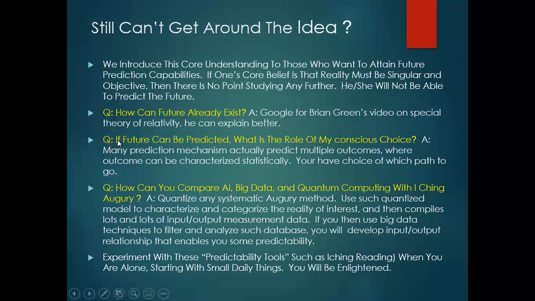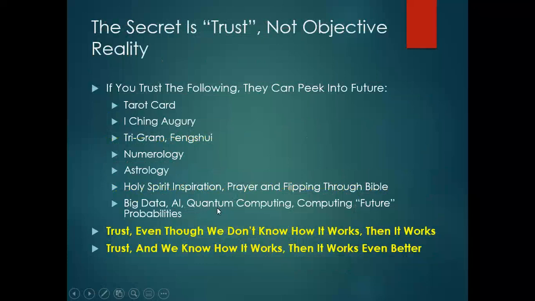Another question is, if the future can be predicted, what is the role of my conscious choice then? My answer to that is this. Many of the prediction mechanisms actually predict multiple outcomes, and some of the outcomes are characterized statistically, just like the output of quantum computing or the output of big data.